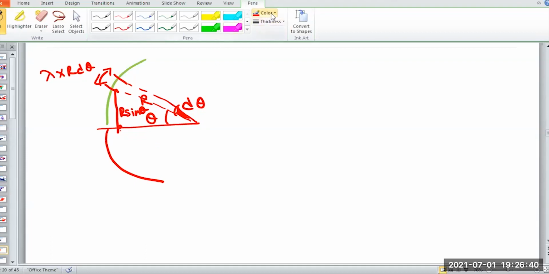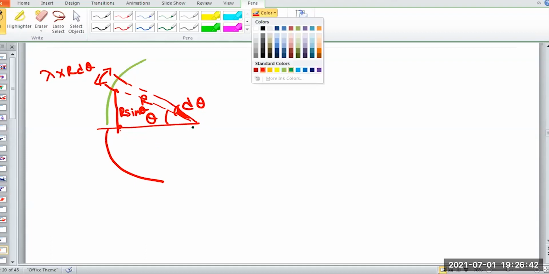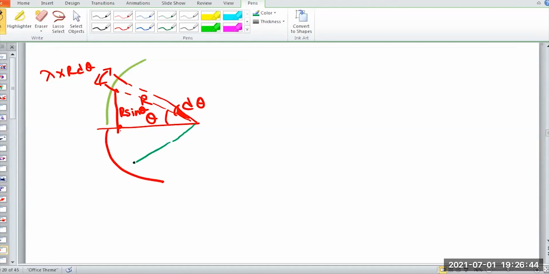But symmetrically, if for positive I was having something, for negative also I'll be having the same r sine theta, with charge minus lambda into r d theta.